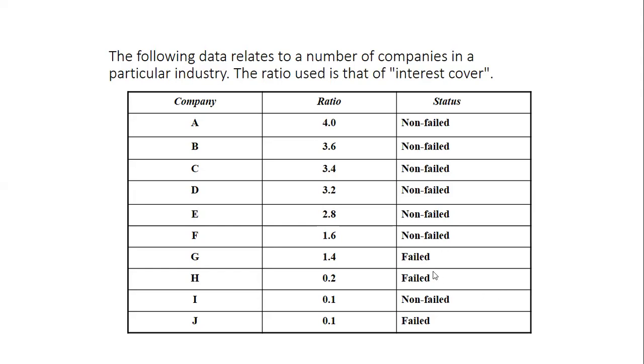For company A, based on the ratio, they can pay off their interest on loans 4 times. B can pay 3.6 times, C 3.4. When you come to J, it can pay 1.4 times, I can pay 0.1.